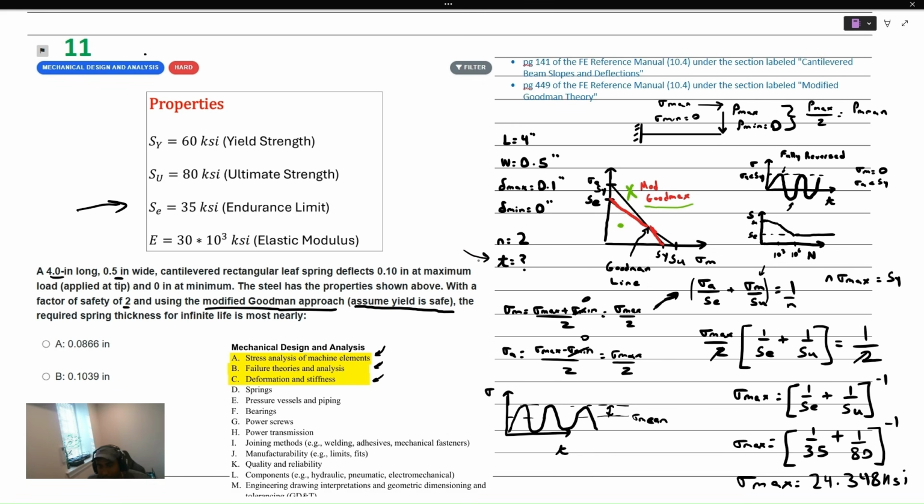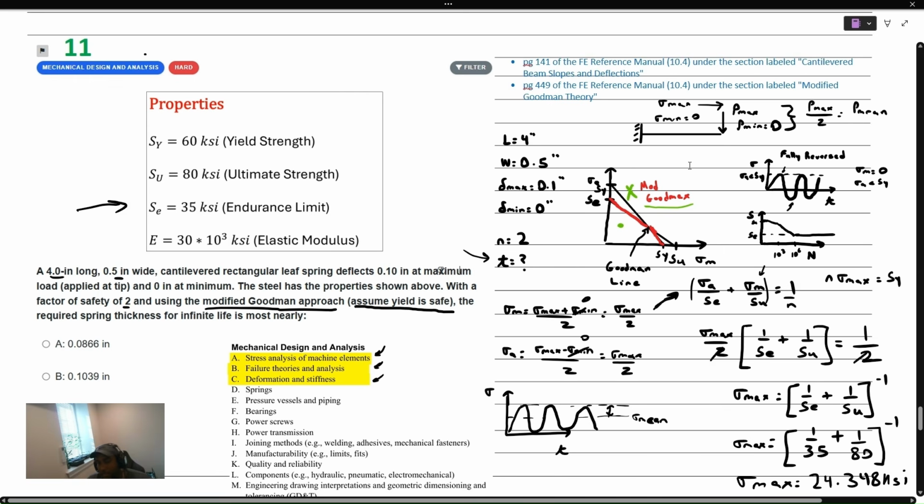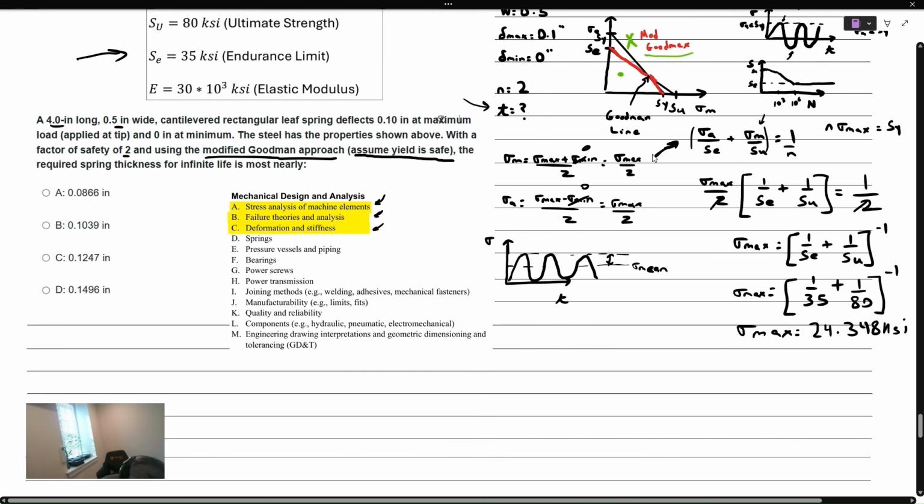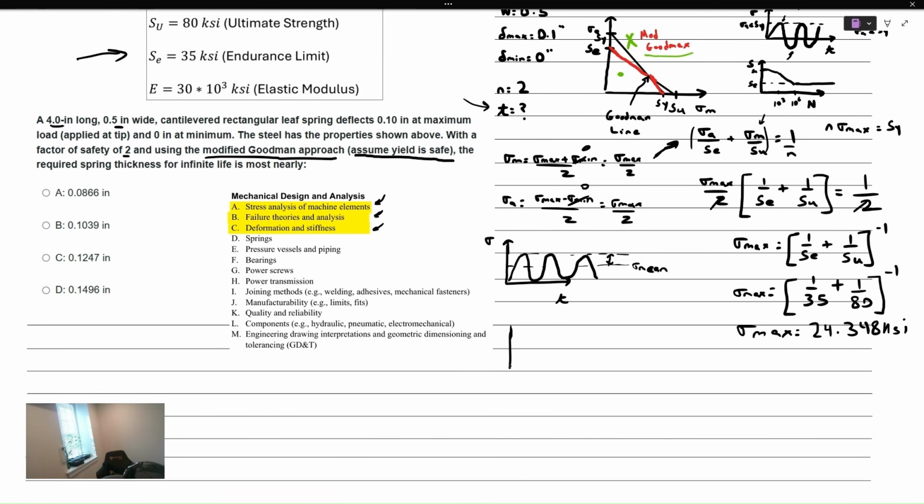So that's the maximum stress, and we're looking for the thickness in this problem. Now, what is the maximum calculated stress for a cantilever with a tip load? If you think about it, there's really only going to be bending stress here, and the max bending stress would occur at the upper surface. That's where the most tension is going to occur, and all the way at the fixed end.